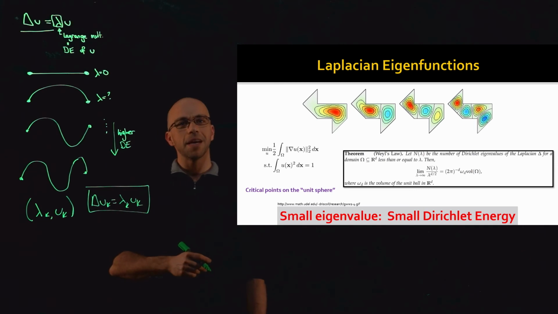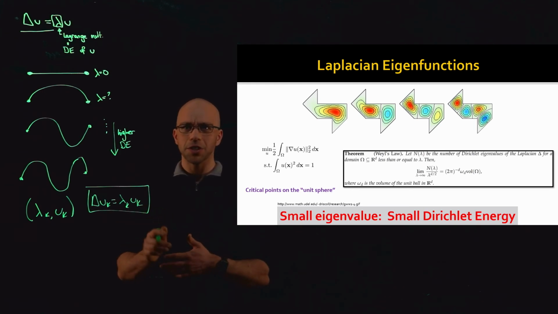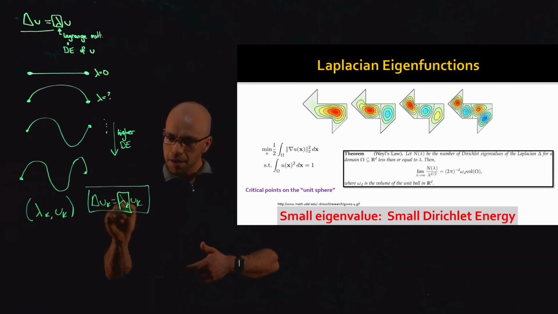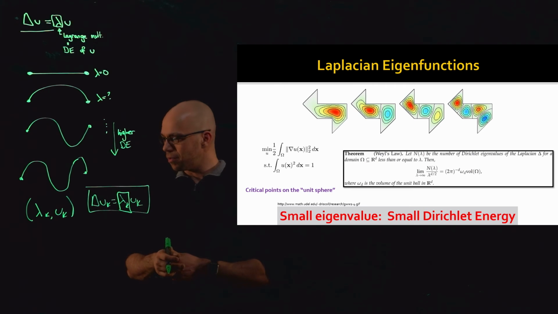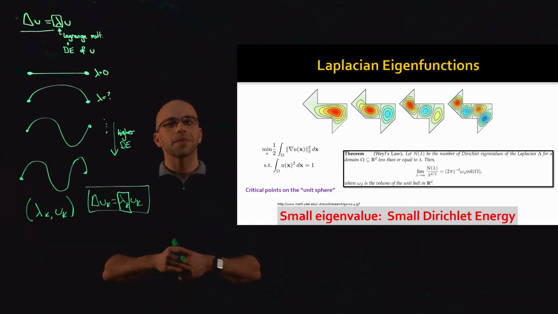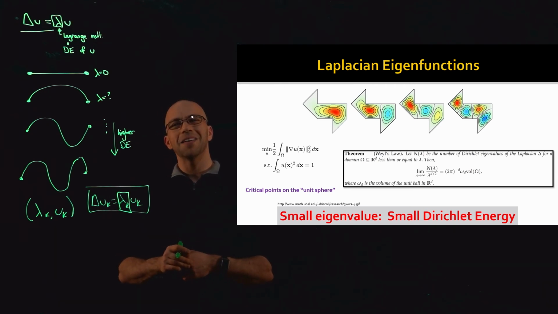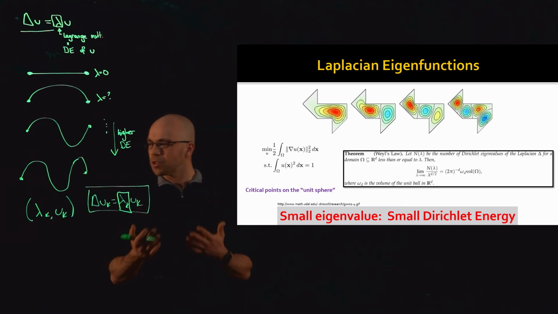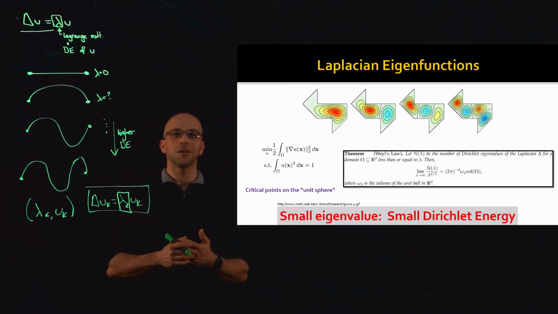What we'll see is the lambdas go off to infinity, but they go off to infinity in a different pattern for every shape, right? Because these lambdas are basically a function of the shape of the boundary of our domain. But that said, already what we'll find is that there's interesting geometric information that's hiding in the Laplacian spectrum, right? This is another toehold into that can you hear the shape of a drum question.